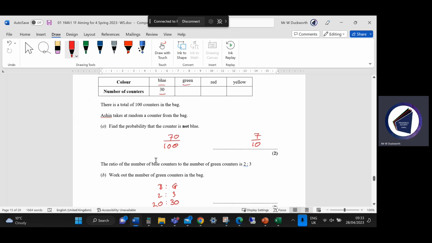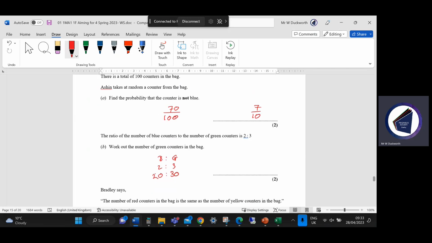And I've done that wrong. Great. So I've misread again. We've got 30 here. So we times by 15. So if we times by 15 here, we would have 45. There we go. Right.